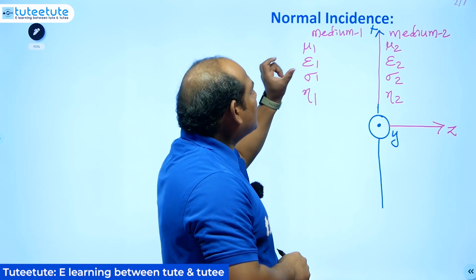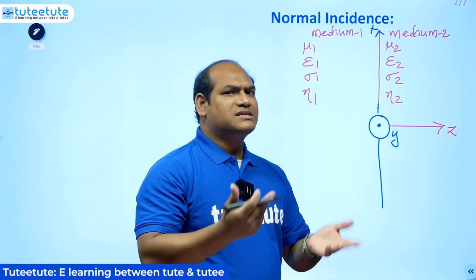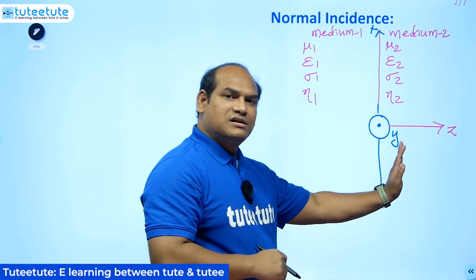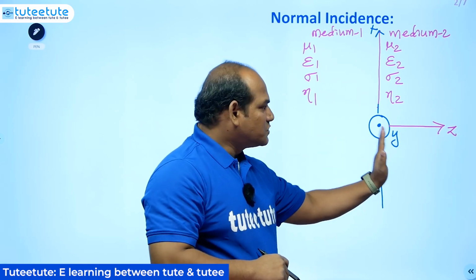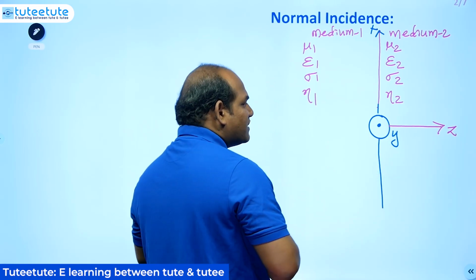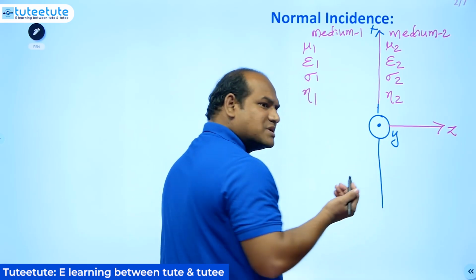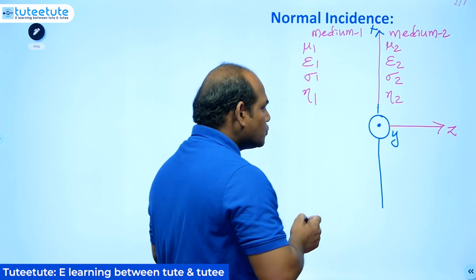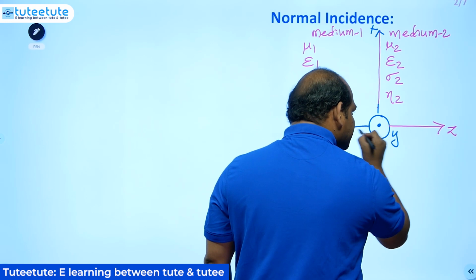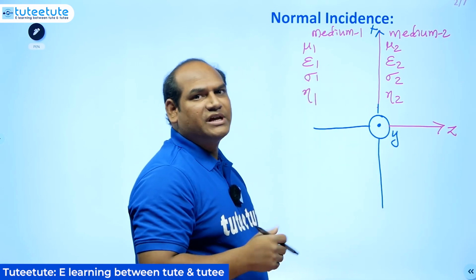So what is the meaning of normal incidence? Incidence means generally we are sending the electromagnetic wave onto the interface. The interface is this plane, and for that particular interface, what is the normal? Normal means generally perpendicular. So this z-axis itself is normal to the interface.